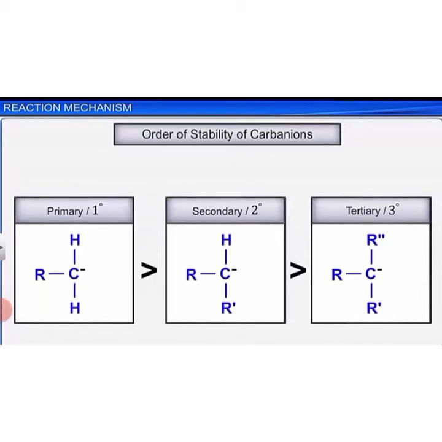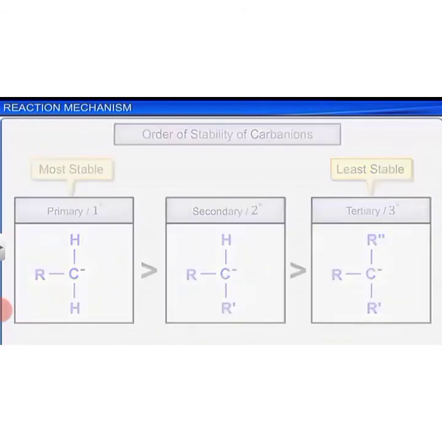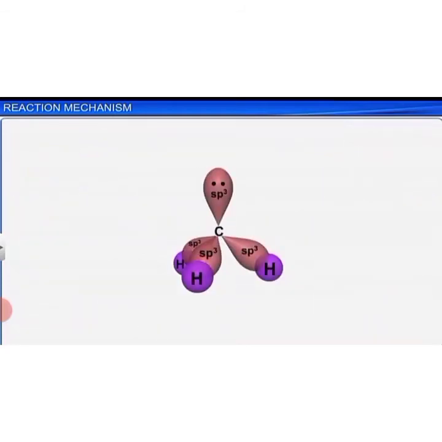Hence, tertiary carbanions are highly unstable, while primary carbanions are the most stable. The shape of a carbanion is tetrahedral.